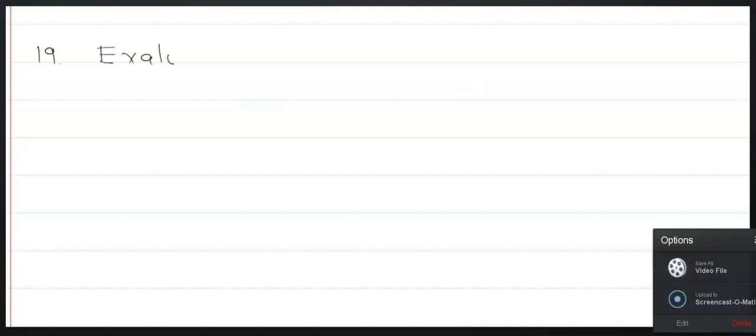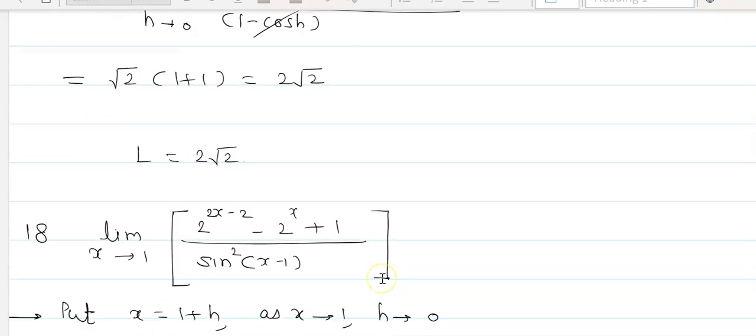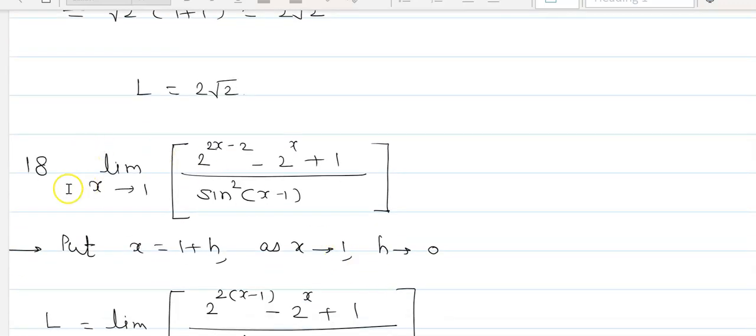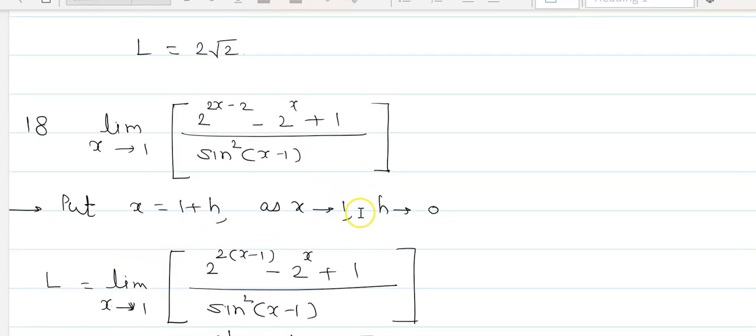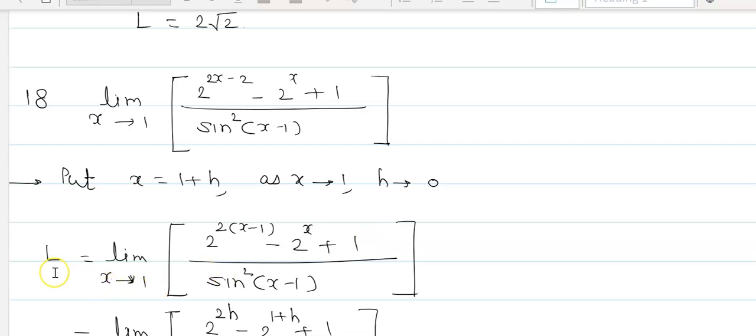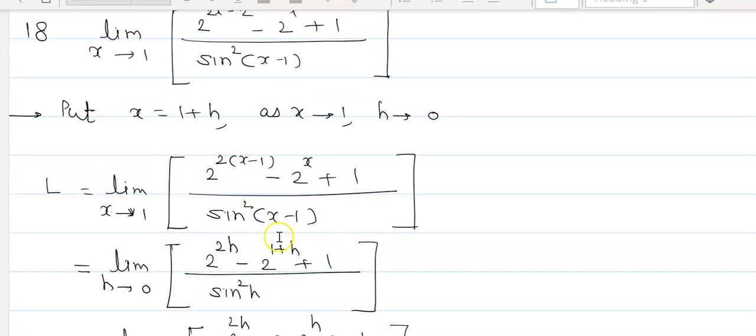Again, we'll repeat here. Limit x tends to 1, 2 raised to 2x minus 2 minus 2 raised to x plus 1. Put x equals 1 plus h, as x tends to 1, h tends to 0. Limit L equals limit x tends to 1, 2 raised to 2(x minus 1) minus 2 raised to x plus 1 upon sin square (x minus 1).